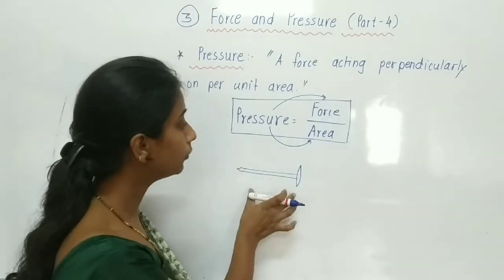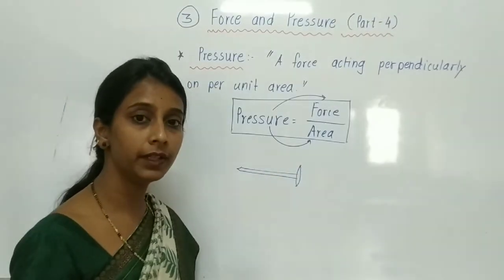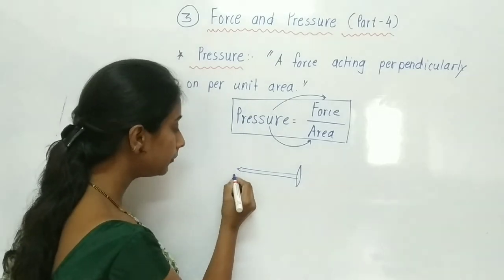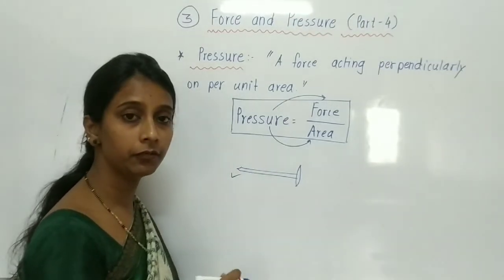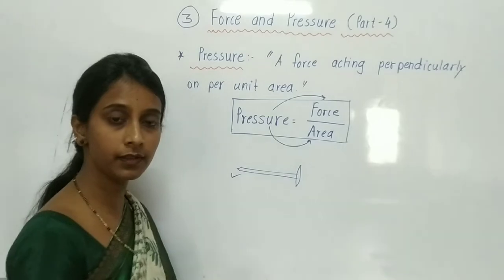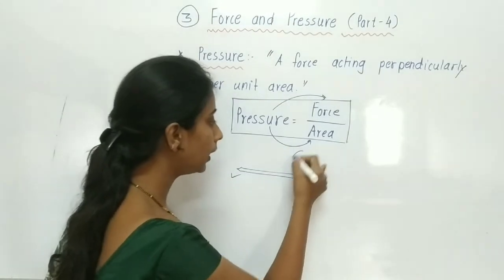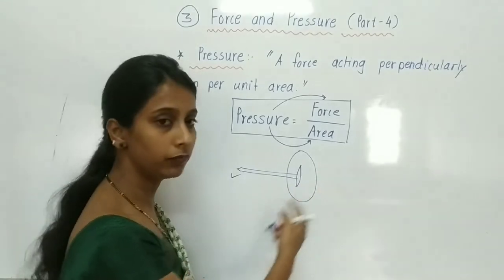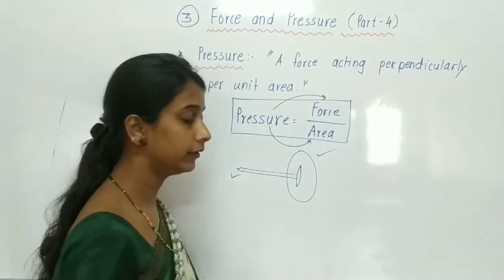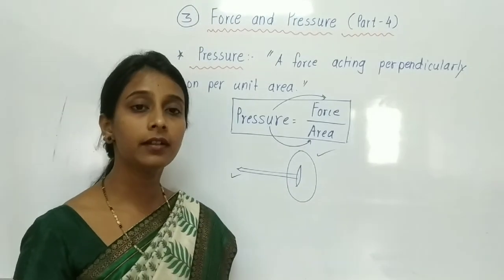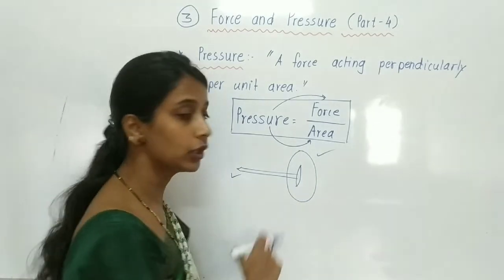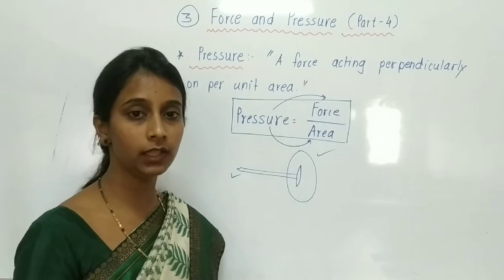Now if we try to penetrate that nail into the wall, we can penetrate it with the pointed tip very easily. But if we try to insert the nail into the wall from this side, the nail will not penetrate into the wall or any object.